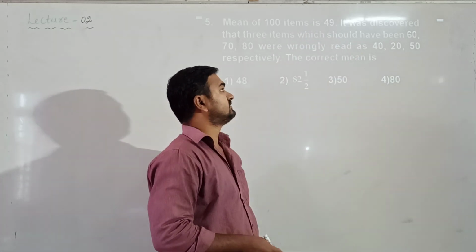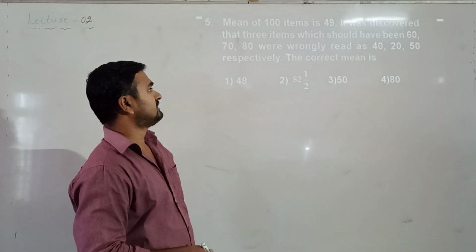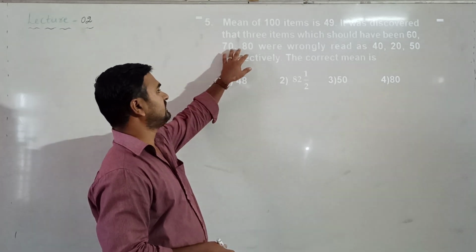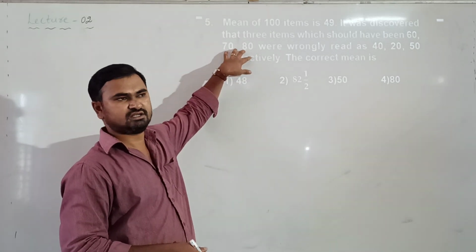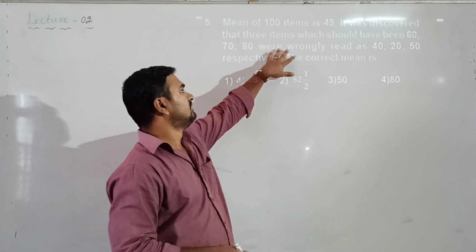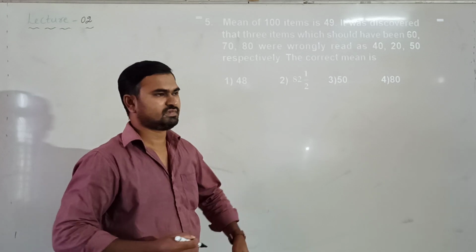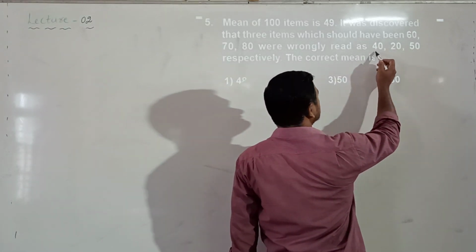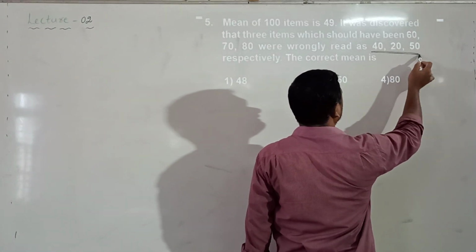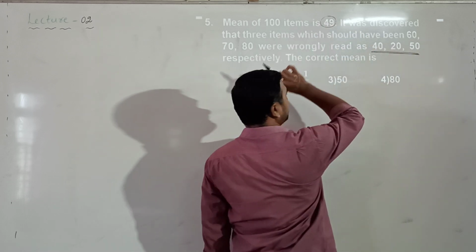Now later it was discovered that 3 items which should have been 60, 70, 80, so these are the correct values, were wrongly read as 40, 20 and 50. Means we have taken these 3 observations wrong and we got the mean as 49.